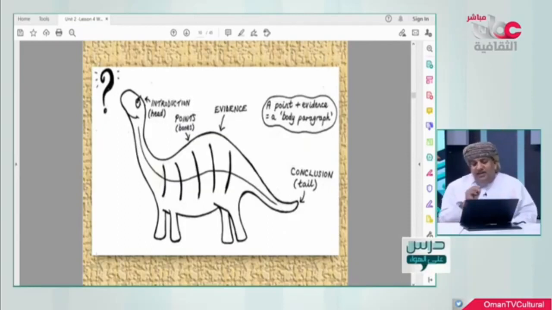The last one is the conclusion. The final one is the conclusion for your essay. You should say what you have written and agreed on in this essay. So remind yourself with this dinosaur, because we are going to repeat it again in this lesson.